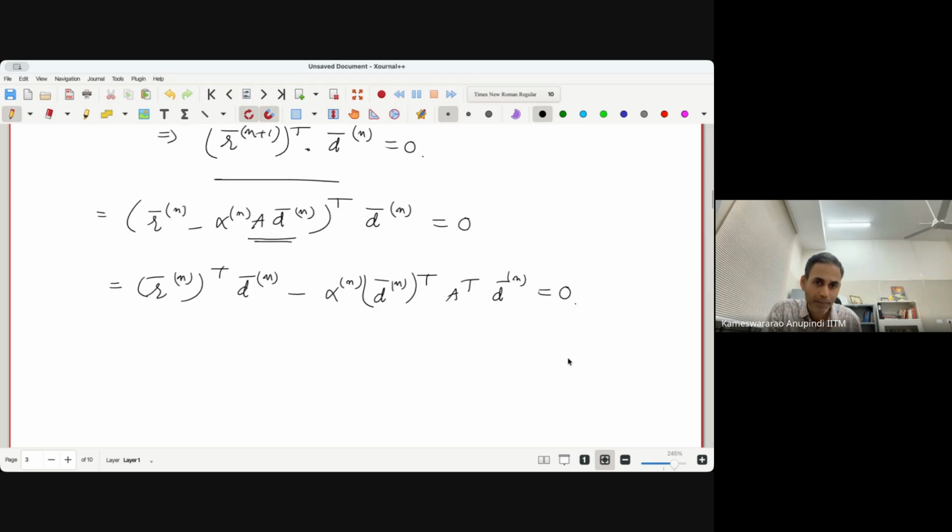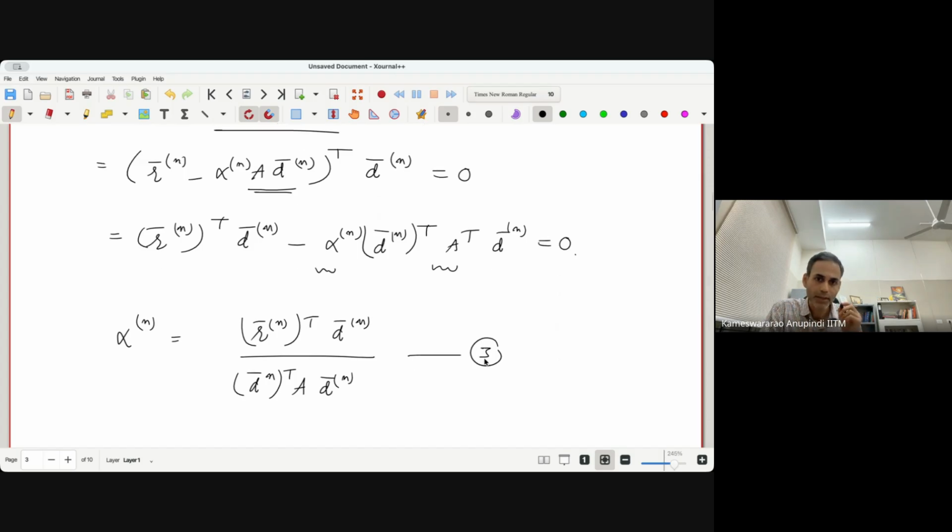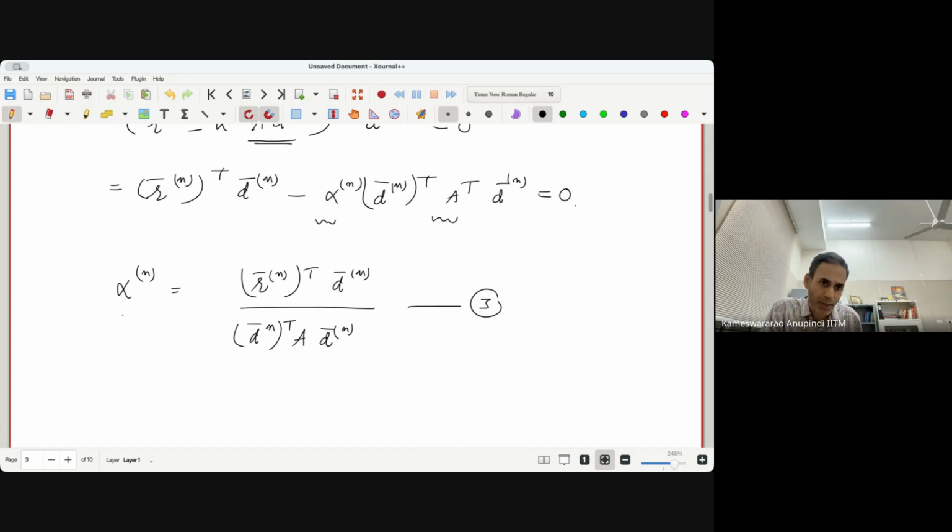But then we know that A transpose equals A. So from here I can write alpha n, the step length we want to take in the dn direction, is equal to r bar n transpose d bar n divided by d bar n transpose A d bar n. Okay, so I'm able to obtain the value of alpha n.